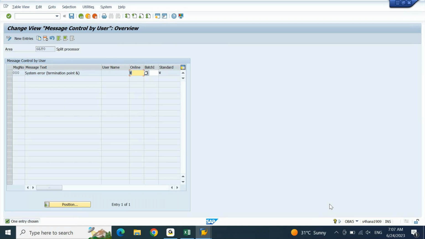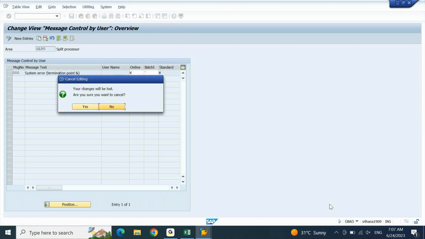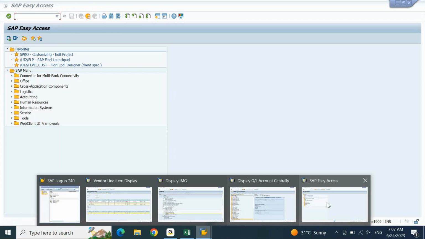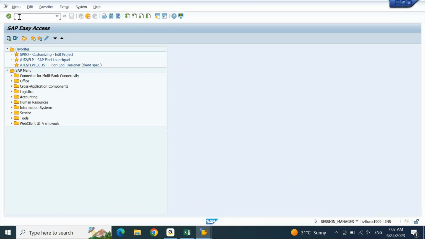Now it will allow. If you put it as warning, it will allow us to save this. But that is not the solution for it. Let me do it now.